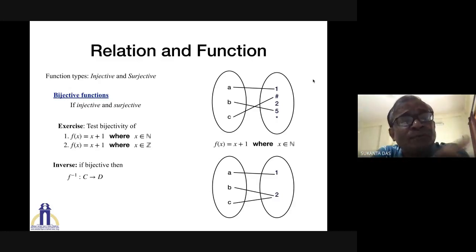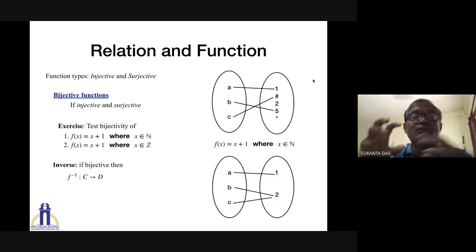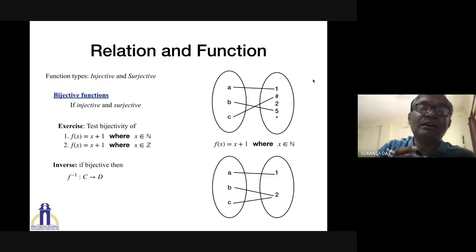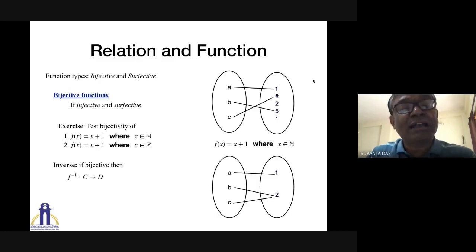So f was from D to C. Now the inverse is from C to D. Try to imagine, I don't have a figure here. When f is bijective, for each element of D, I can get a unique element in C, and all the elements of C are covered. Therefore, I can obviously define a function from C to D.